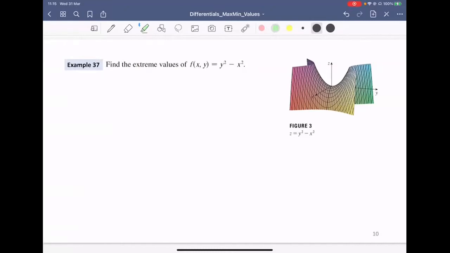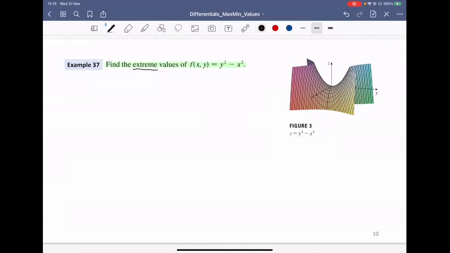I want you to find the extreme values of that. I mean, the maximum and minimum values. But when you say max or min in the same word, we're going to say extreme.